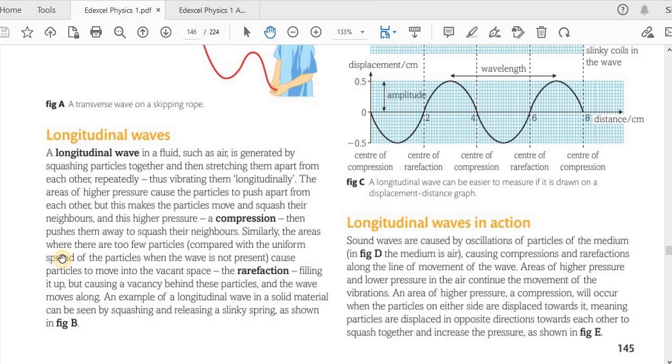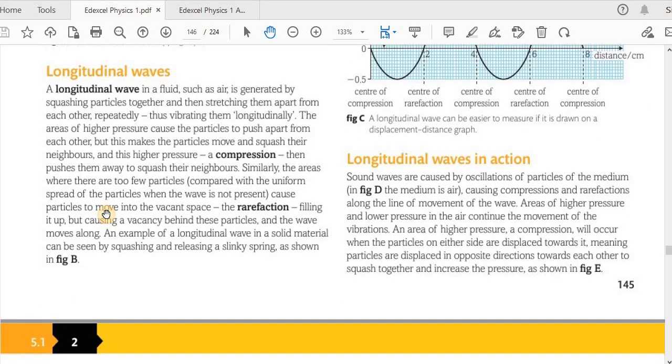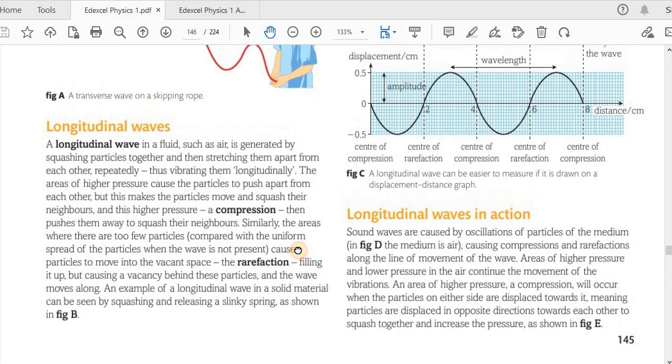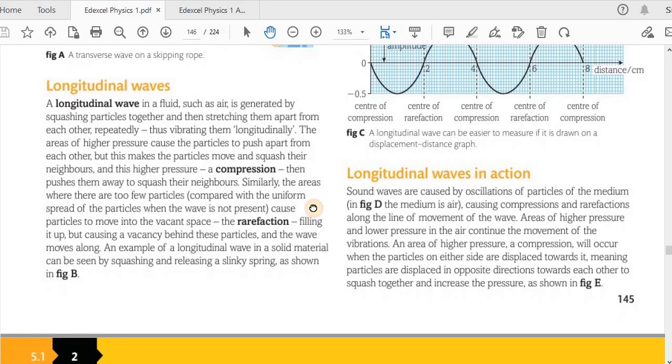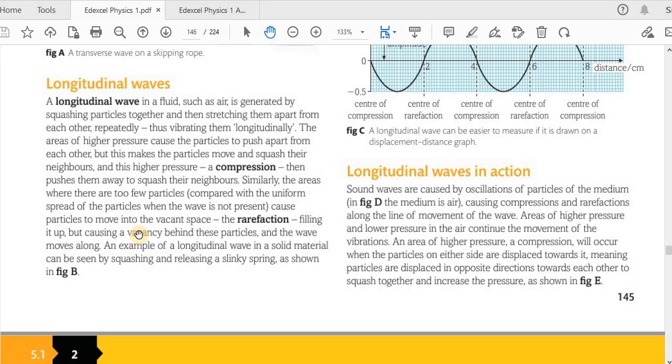Similarly, the areas where there are fewer particles compared with the uniform spread of the particles when the wave is not present cause particles to move into the vacant space, the rarefaction, filling it up but causing a vacancy behind these particles, and the wave moves along.